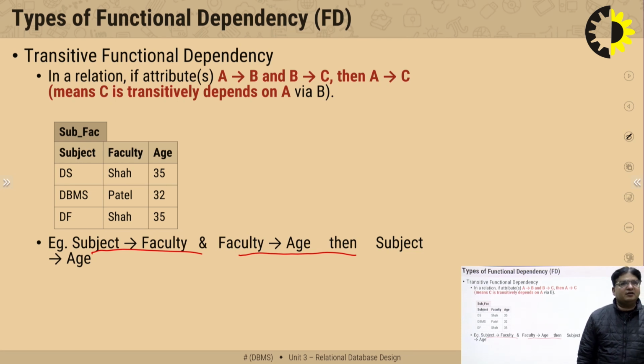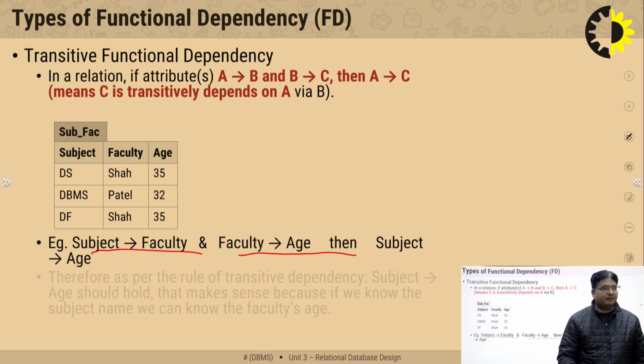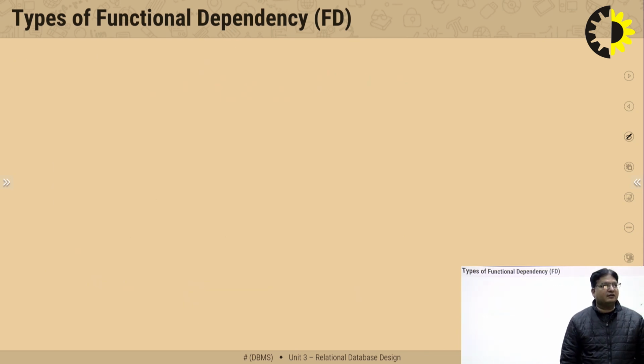First we need to find out what is transitive dependency, only then we will be able to eliminate it in third normal form. So therefore, as per the rule of transitive dependency, subject determines age holds. It makes sense, because even if we don't know the subject name, we can know the age of the faculty.